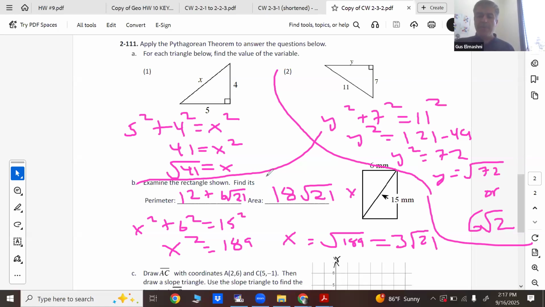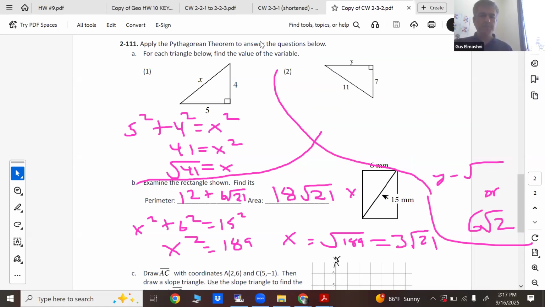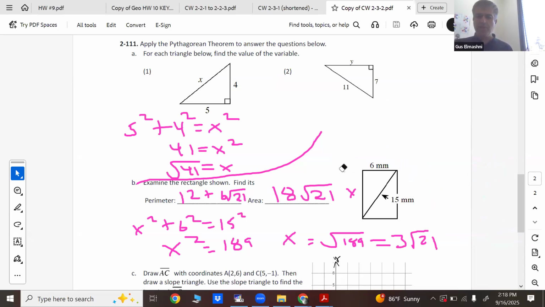Now, if you're asked to find the perimeter, this is a little tricky. If you put 3 root 21 over here, and 3 root 21 over here, and of course that's 6, the perimeter is when you add up all those sides. 6 plus 6 is 12.